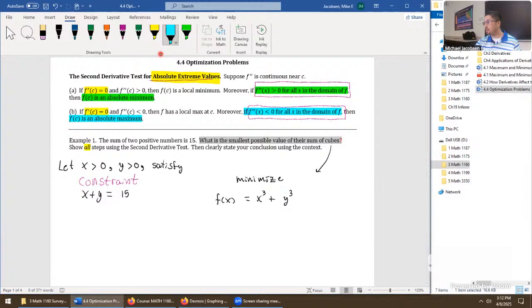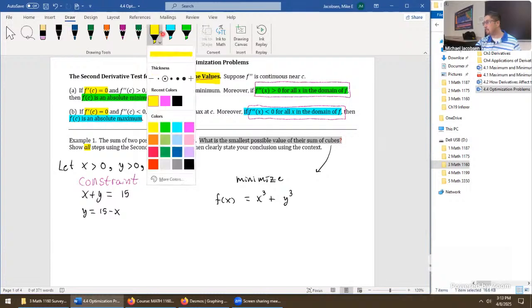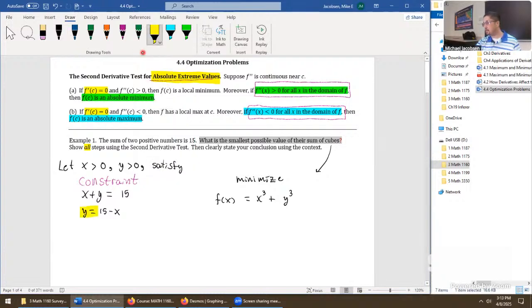Let's write in y equals 15 minus x. Now it really is a function of x, so we can take this, plug it into that location, and now we have an honest function which we can really minimize. f of x is now equal to x cubed plus, in place of y, the substitution, 15 minus x, to the power 3.